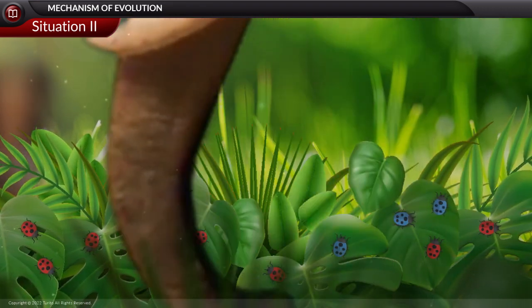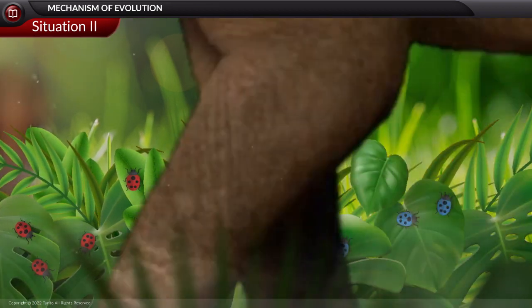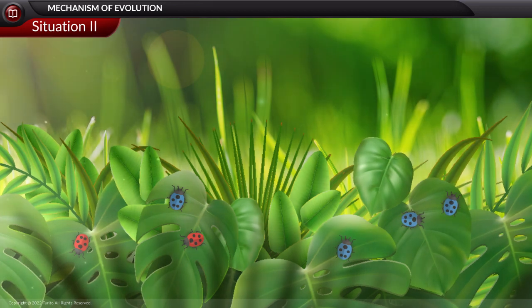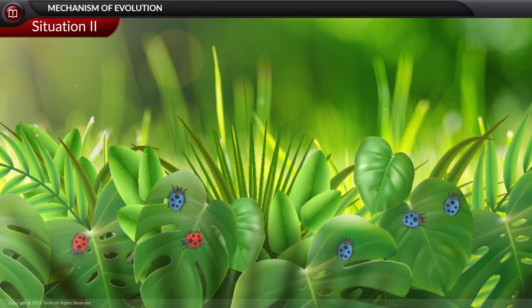For instance, if an elephant comes by and stamps and kills most of the red beetles, while some blue beetles survive. Now, there occurs accidental survival of blue beetles, and the frequency of their genes increase, directing towards the evolution of blue beetles. So, in this situation, the color change gave no survival advantage.